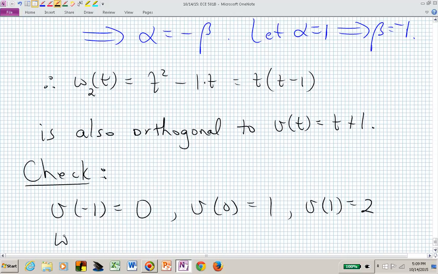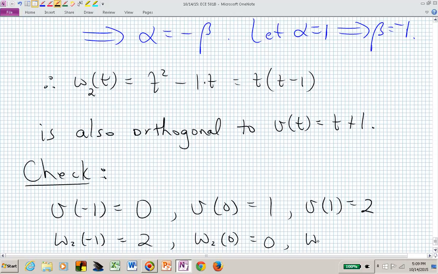Now we need W sub 2 of minus 1. What is that? That's minus 1 times minus 2, so it's 2. What's W sub 2 of 0? That's now 0 because we're multiplying by 0.